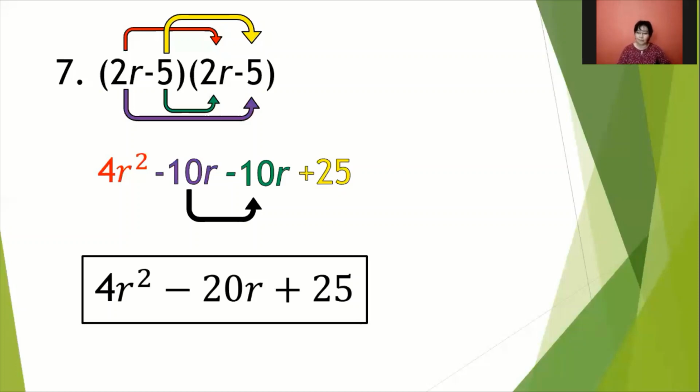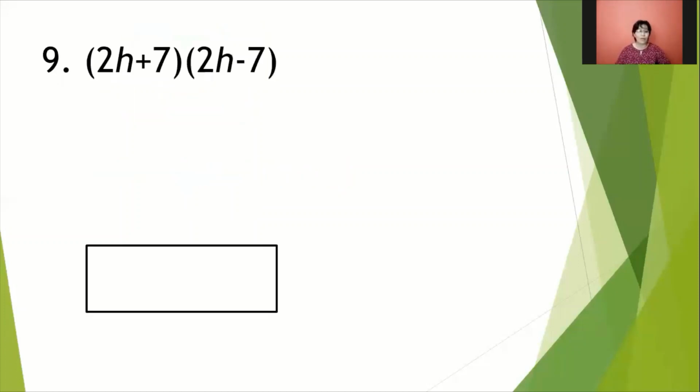Okay? And the last example is, we have here 2h plus 7, quantity 2h minus 7. It is the sum and the difference of two squares. Okay?